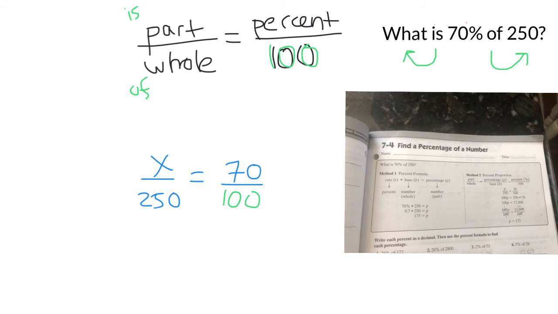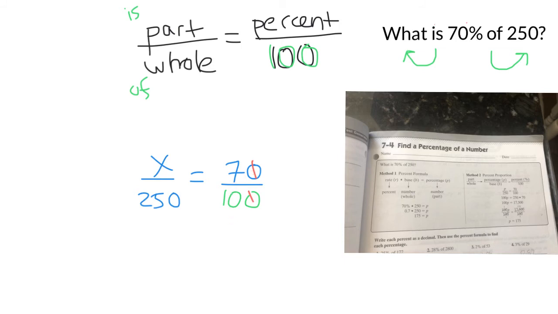You could totally do that now. But I'm a big fan of making your life easier, and one way to do that is to reduce this, because 70 and 100 are kind of big, clunky numbers. I don't really want to multiply 70 times 250. That would be miserable. So I'm just going to reduce this fraction to 7/10.